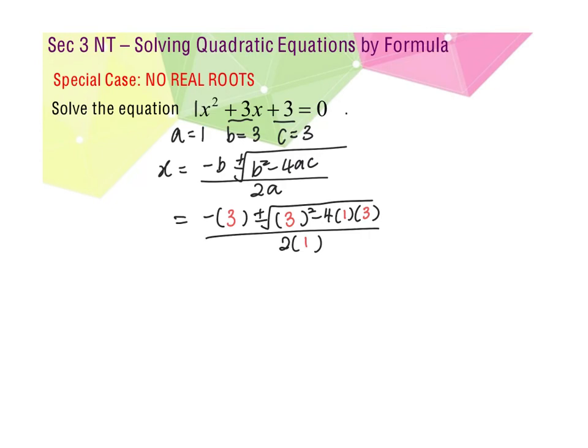So in this case, we'll key this into our calculator. And what do you see on your calculator? Mode 3, a is 1, b is 3, c is 3. Now the calculator will show you something like this.